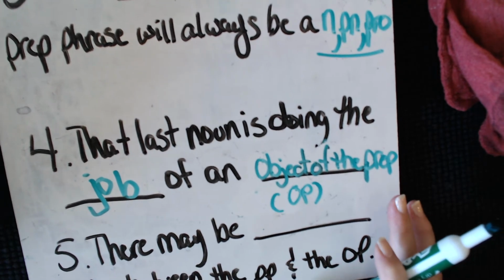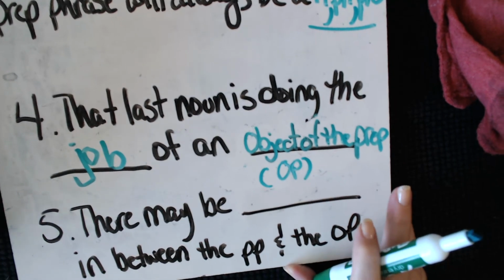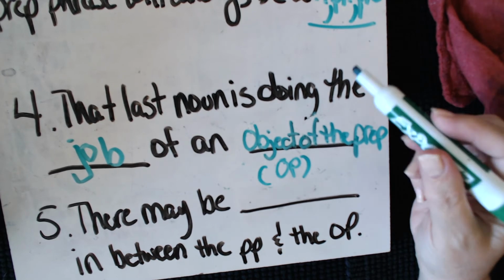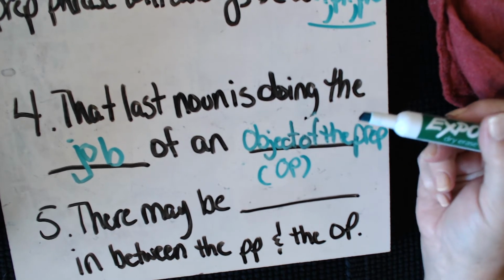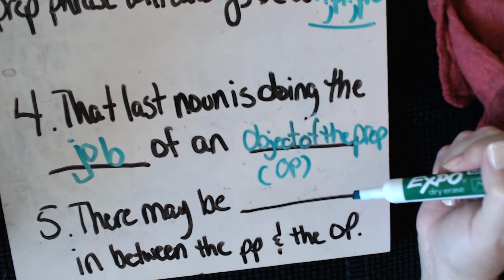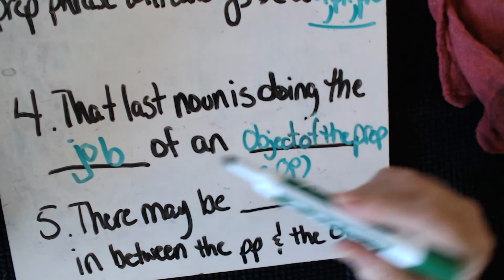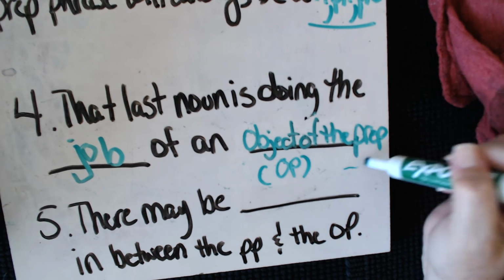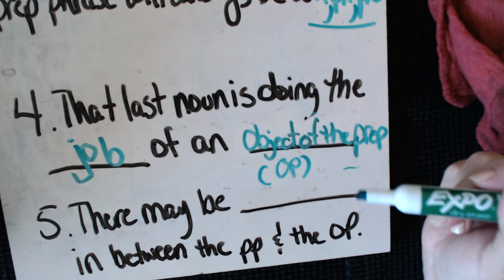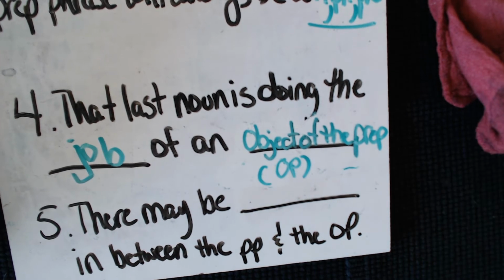So you're still going to label or parse as a noun, proper noun, or pronoun, because that is the part of speech it's doing. But we're going to start talking about how some parts of speech have different jobs. This happens to be the job of the object of the preposition. It's a job in the prepositional phrase.